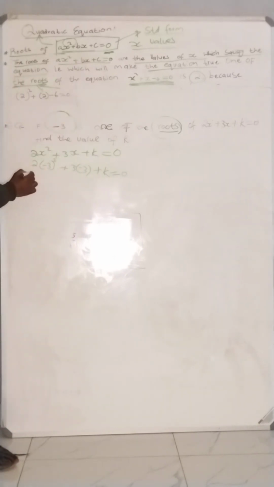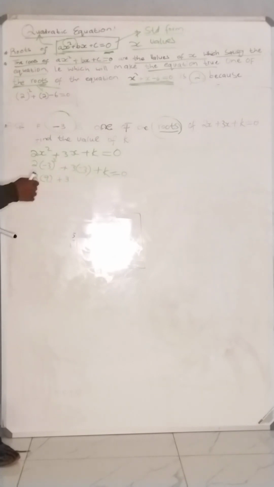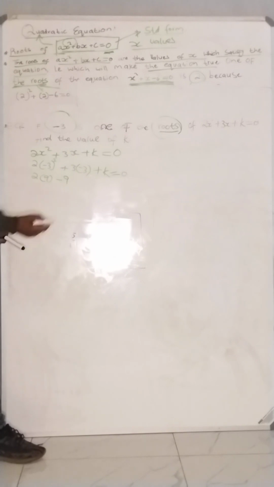Then here you have your 2, and then minus 3 squared, minus 3 times minus 3, is positive 9. So you have your positive 9, plus 3 times minus 3 will give you a negative 9. Positive times negative is negative. 3 times 3 is 9.